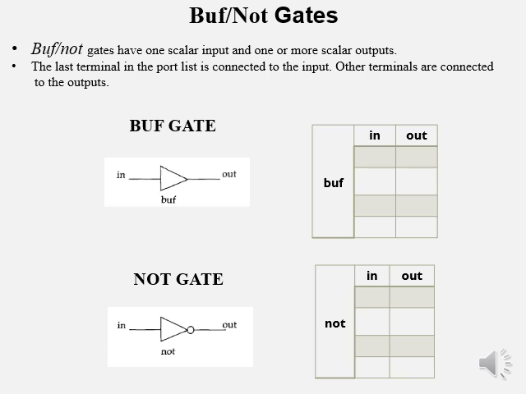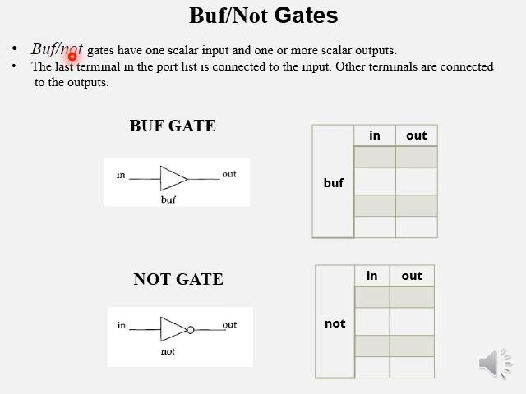The next category of gates is buff not gates. The buff not gates have one scalar input and one or more scalar outputs. The buffer transmits whatever is at the input, and the NOT gate is the inverter: whatever is at the input is inverted and given to the output.